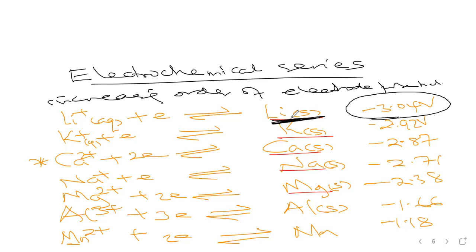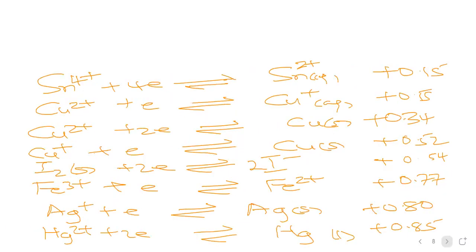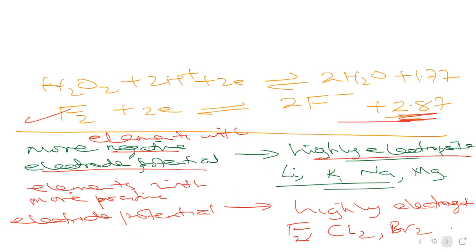Lithium metal is the strongest reducing agent, followed by potassium. And according to this, we see that the weakest reducing agent known is the fluoride ion. It is the weakest reducing agent, but the strongest oxidizing agent. I want you to get these ideas before we proceed with the topic.